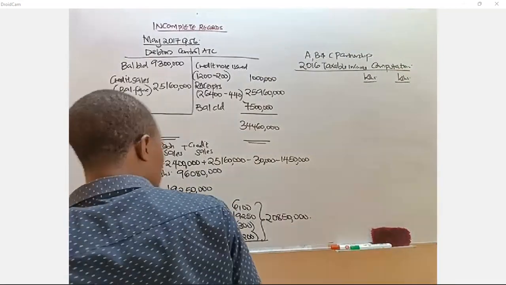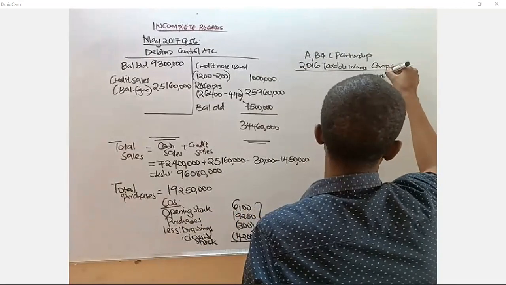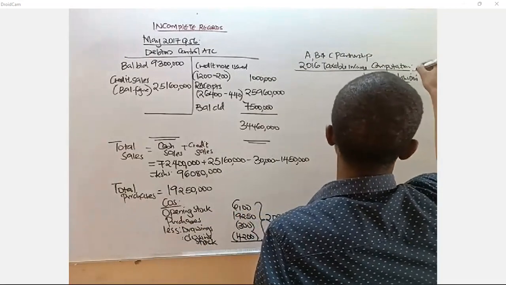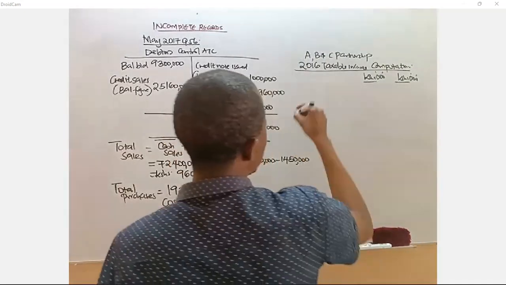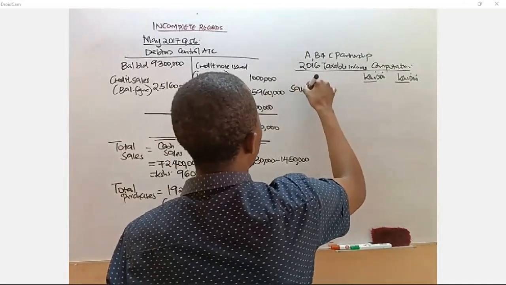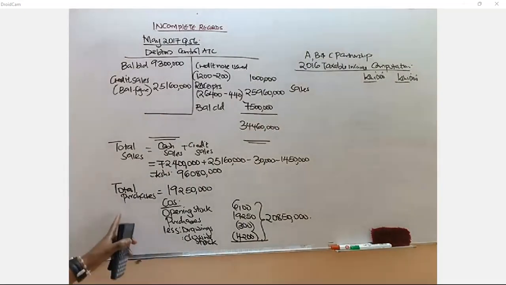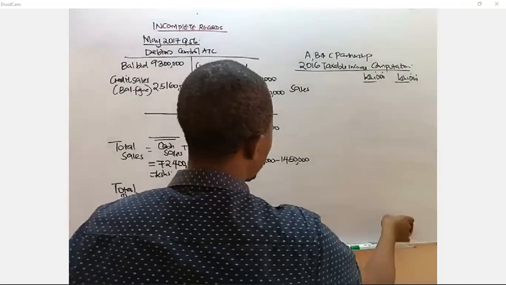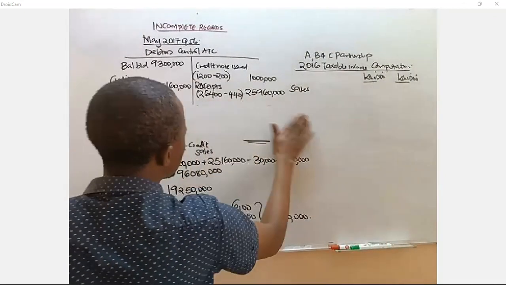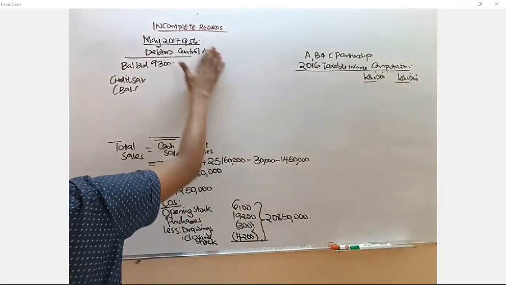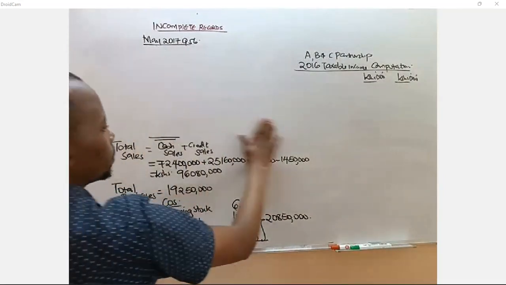Let me just limit to thousands. Now, let's start with sales. I think even my space is not enough, so let me clear here, because we have to separate the months.